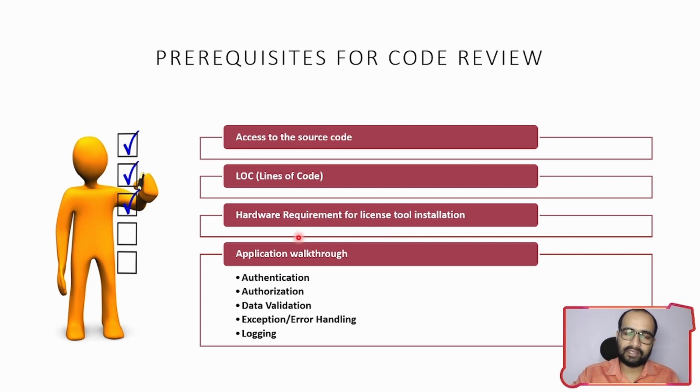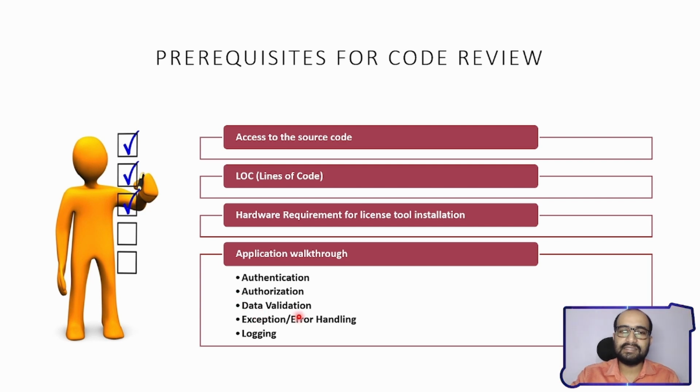Another important prerequisite is the application walkthrough. This is very important. It will help you when analyzing true positive or false positive results. You have to know about authentication: does the application also allow anonymous users, or are all users authenticated only? Another thing is how many kinds of authorization and how many user roles there are in the application.